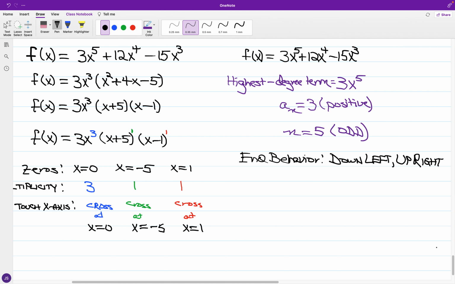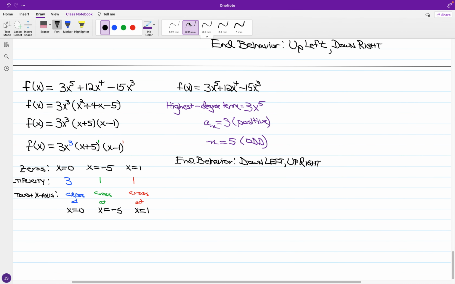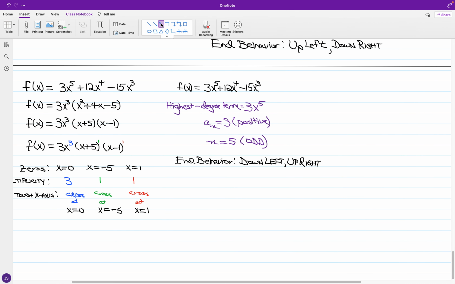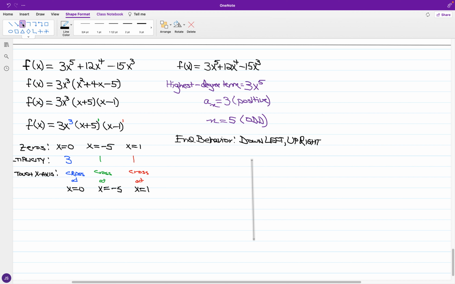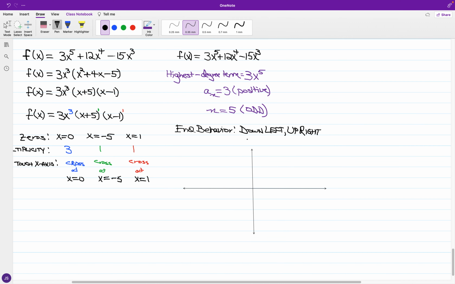And just tying in what we have with the end behavior as well as the zeros. Okay, so we got our zeros.